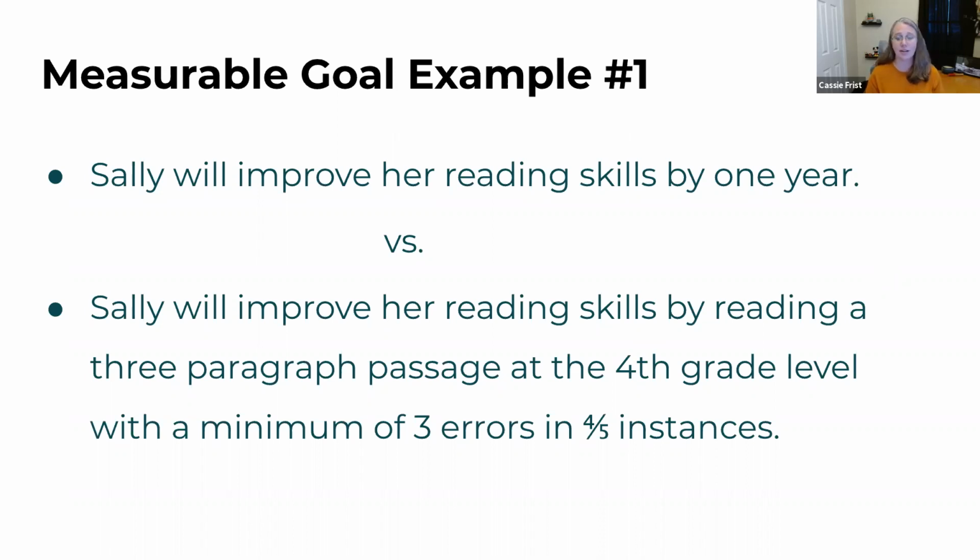Today she made 6 errors. Today she made 2 errors. Today she made this many errors. When we're done with that, we can figure out our time period out of 5. So we're going to do some figuring here, comparable fractions. Even in a week, you could say, this week she hit the goal 2 out of 5 times. Well, she's on her way. Next week, maybe it's 3 out of 5 times. And we can tell that she's making progress towards that goal.